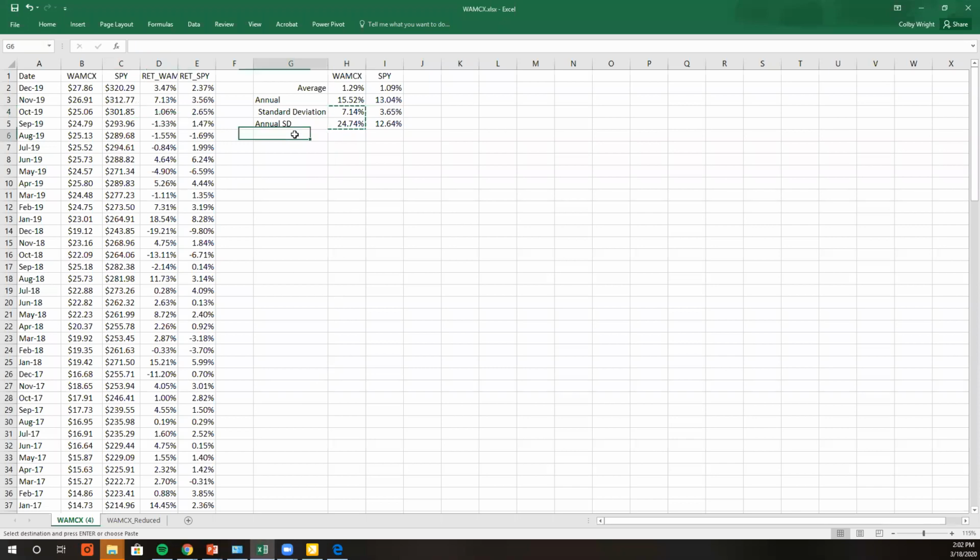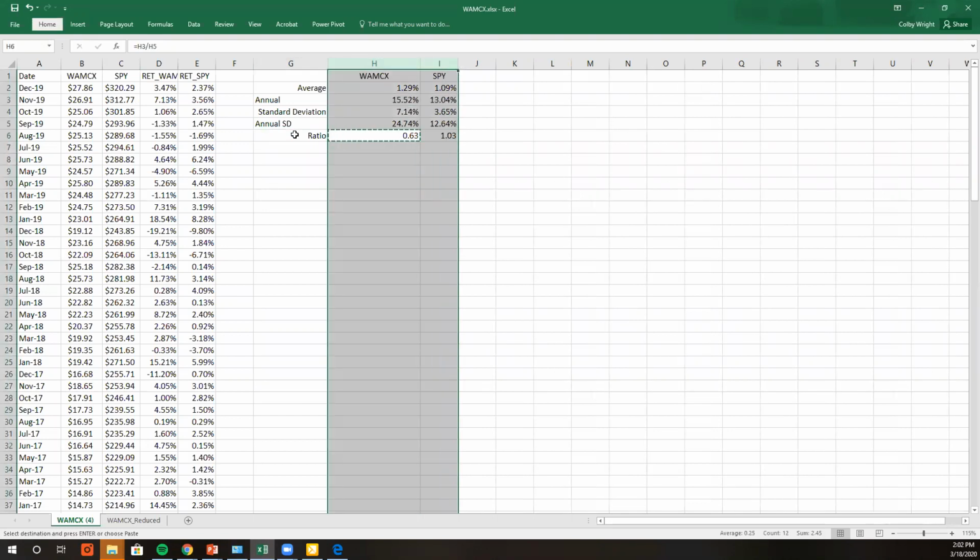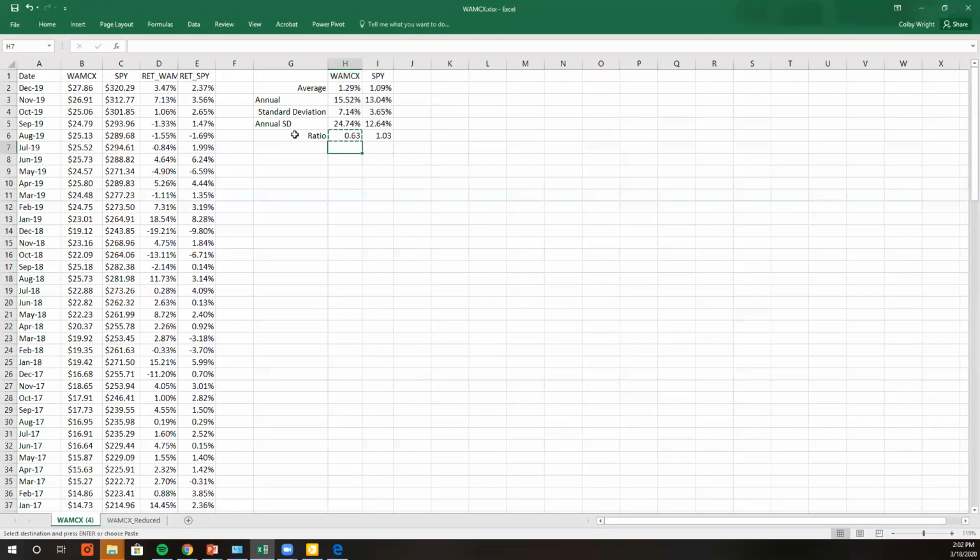So let's do our ratio, and we'll do it on an annual basis. So I'm going to take my annual return divided by my standard deviation, and I'm going to turn it into a simple integer format.